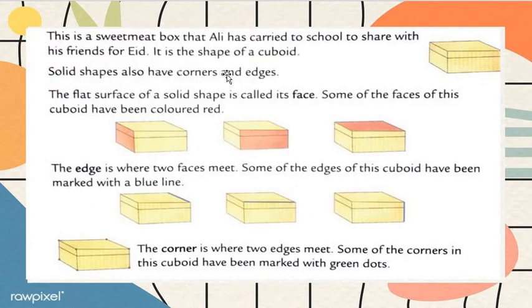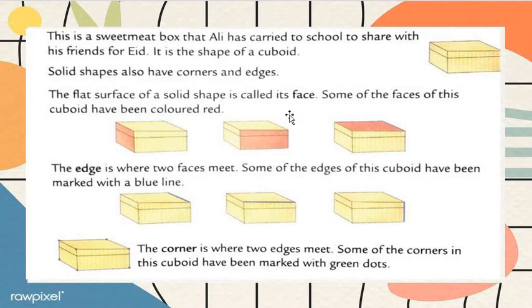Now here let's check further. This is the sweet meat box that Ali has carried to school to share with his friends for Eid. It is the shape of the cuboid. Solid shapes also have a corner and edge. The flat surface of the solid shape is called its face.